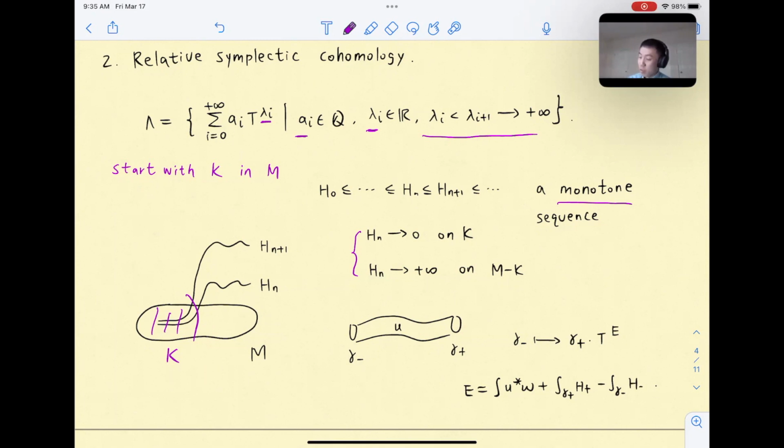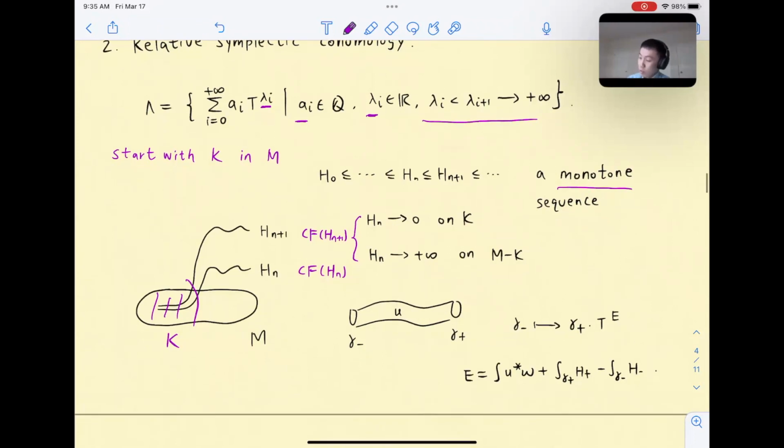So given those Hamiltonian functions, we could form those Hamiltonian Floer complexes. For each of them, I have CF(H_n), CF(H_{n+1}). Let me remark that in the second part, we slightly changed the definition of the Hamiltonian Floer complexes.